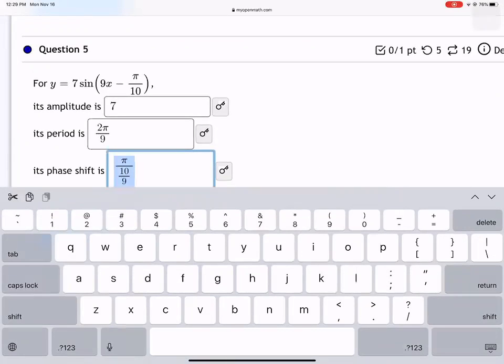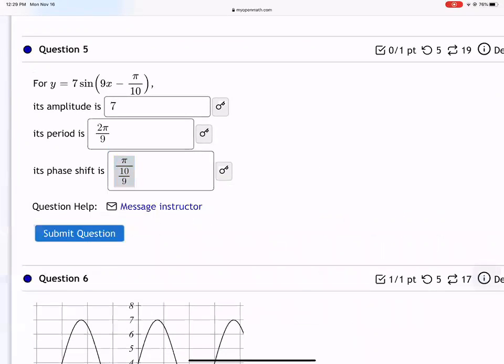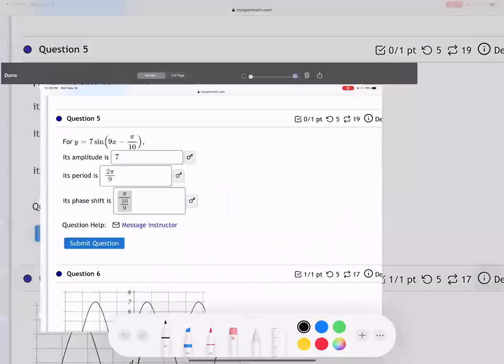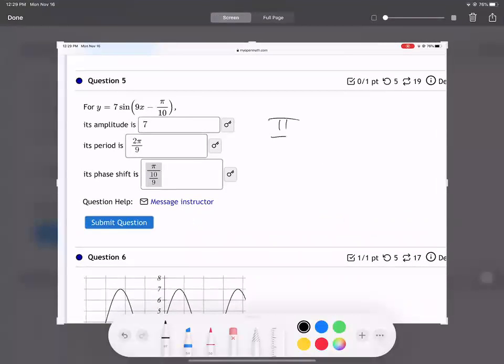So it's pi over 10 divided by 9. We don't like dividing fractions from algebra 2, so we multiply by the reciprocal, and the reciprocal of 9 over 1 is 1 over 9. So it's pi over 90. That is our phase shift.